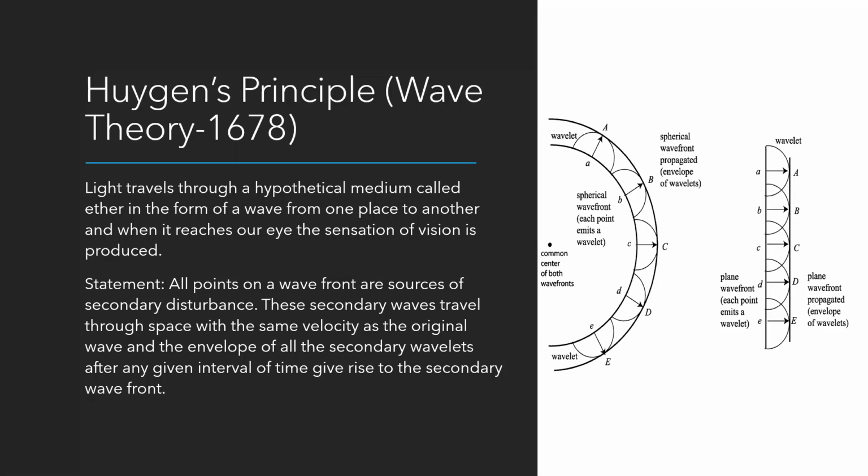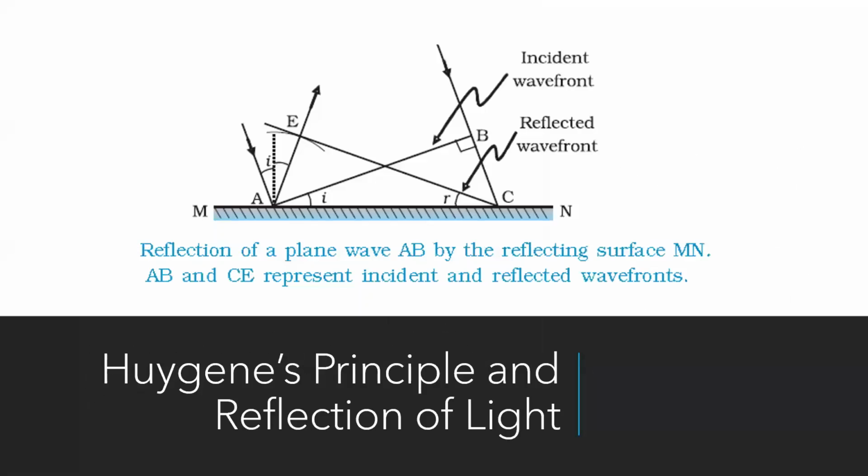Also, other scientists like Thomas Young and Fresnel showed that light, like other waves, shows interference and diffraction phenomena. Then the scientific world accepted his theory. So now we are going to see how Huygens principle can be used to obtain the laws of reflection of light.